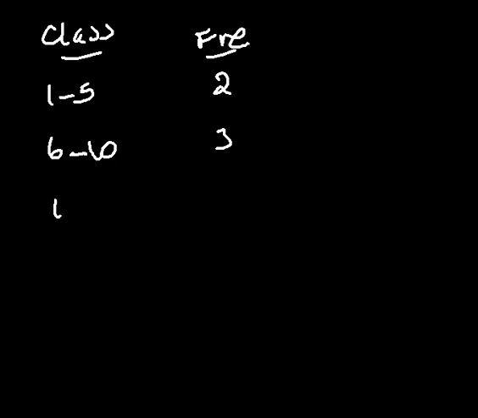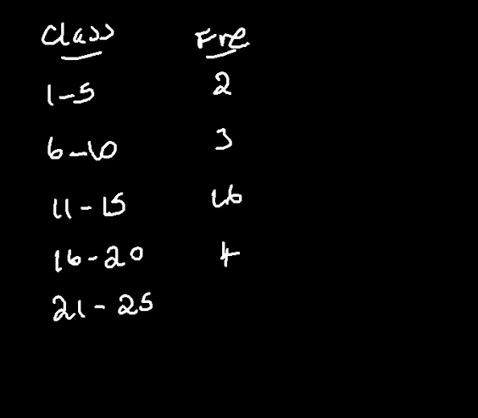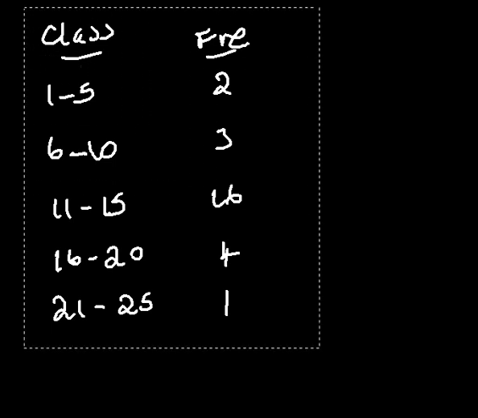Then 11 to 15, with a frequency of 16. Then 16 to 20, with a frequency of 4. And 21 to 25, with a frequency of 1. So how do you think would be the length of this grouped data? Try to work that out in your own time.